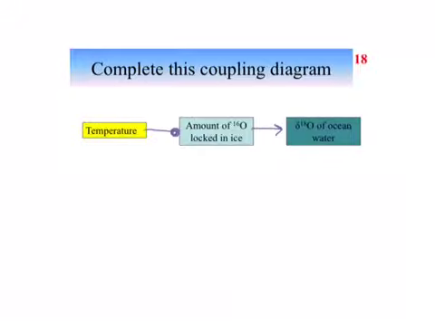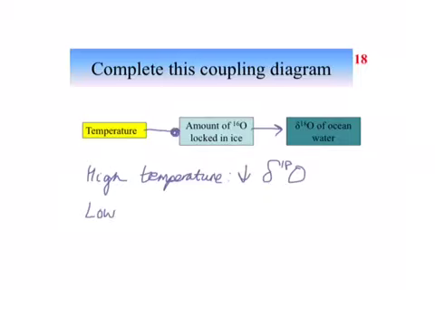So we have a positive coupling from that middle box to the box on the right here. Okay, so if we look for a direct connection between temperature and O18, what this means is that high temperature means low del O18, whereas low temperature means high del O18.